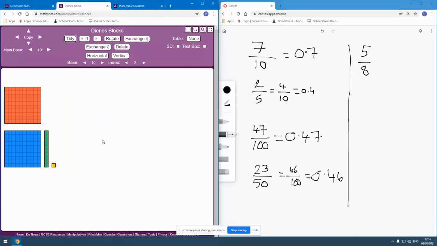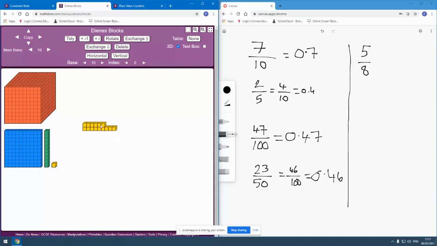Now I can technically represent that using the Dienes, particularly if I make this 3D, and I could keep trying to scale this up, but I won't be able to scale it up into a 10 or 100. I could eventually scale it up into 1,000, but being maths teachers, we know that I would need to repeat this 125 times to get anywhere near 1,000.